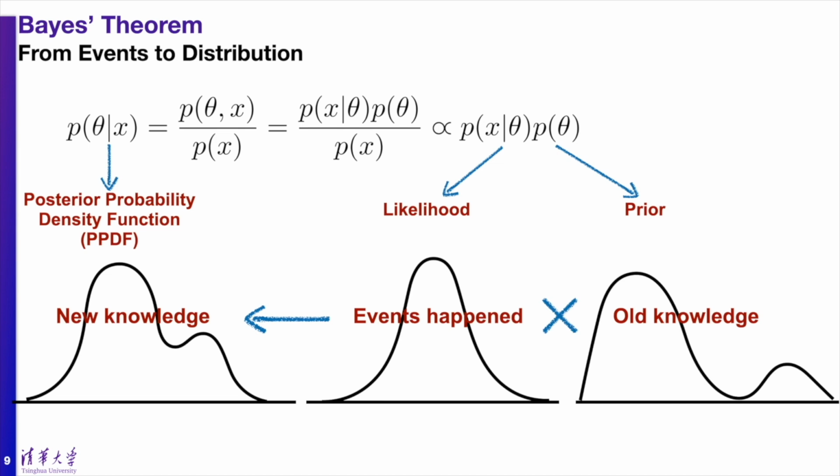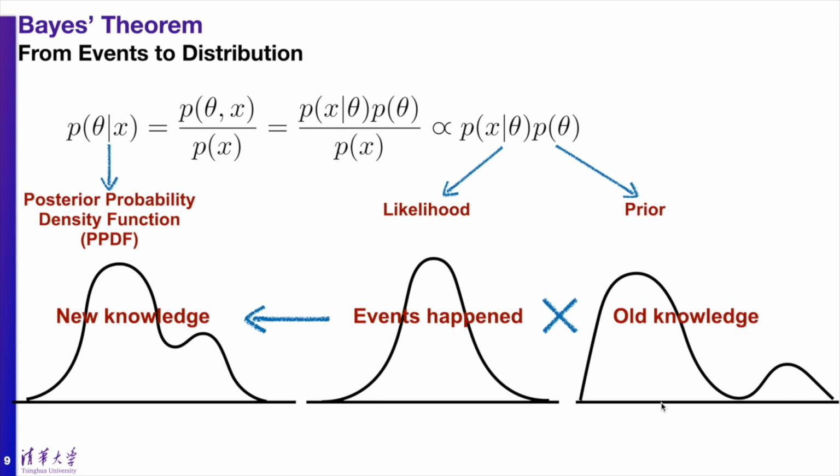For one hypothesis, we have old knowledge corresponding with the prior probability distribution, and for each data we have observed, we can calculate the likelihood of how likely it will happen, and eventually we can get the new knowledge by combining the likelihood and the prior distribution.